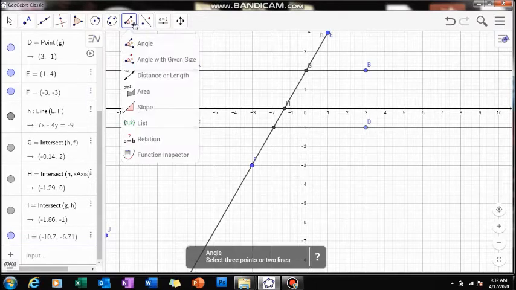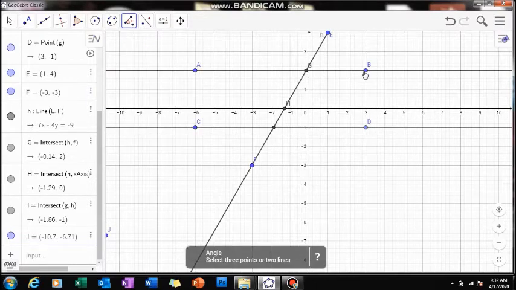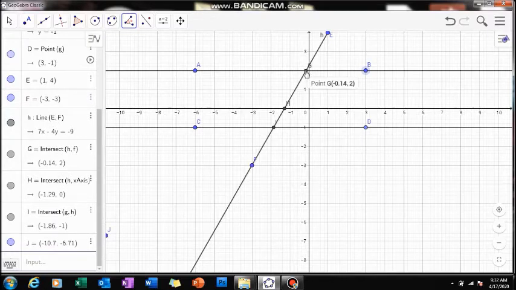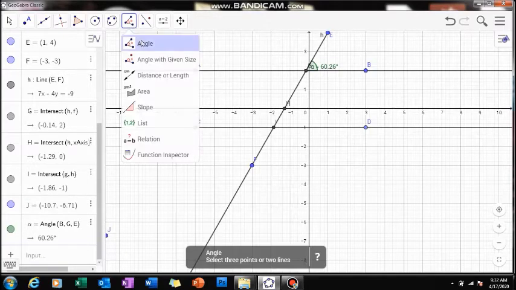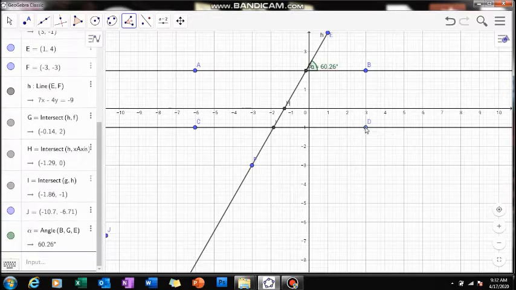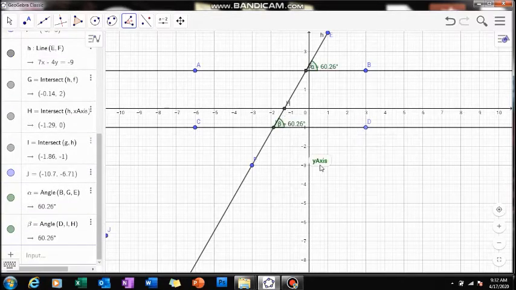So we will measure angle BGE, alpha, is equal to 60.26. Next, beta is equal to 60.26. So alpha is equal to beta.